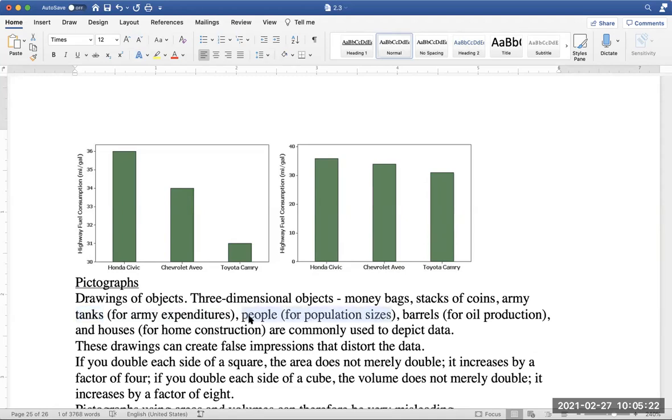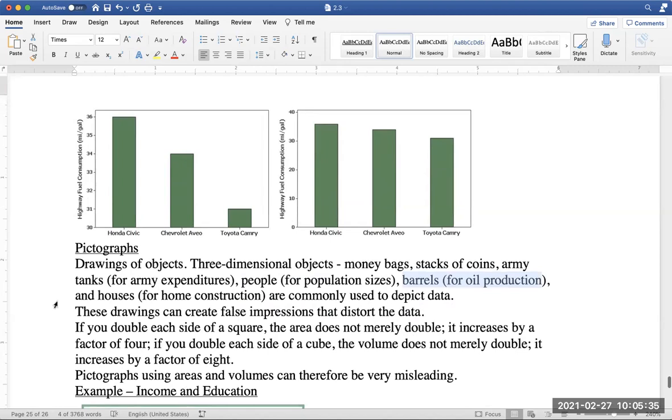People, where they stack little people figures upon each other, for population sizes. Oh yeah, the barrels, where they have barrels stacked upon each other for oil production. So there, those in general will distort your data.